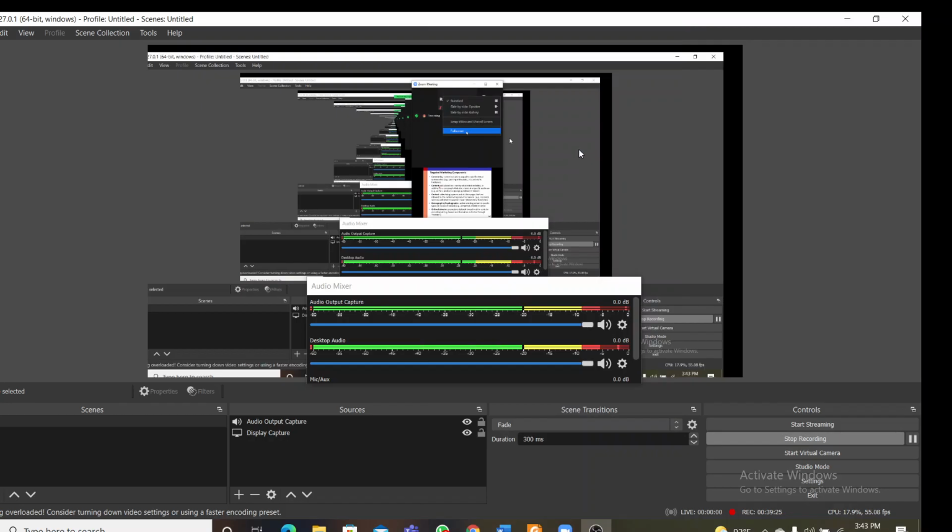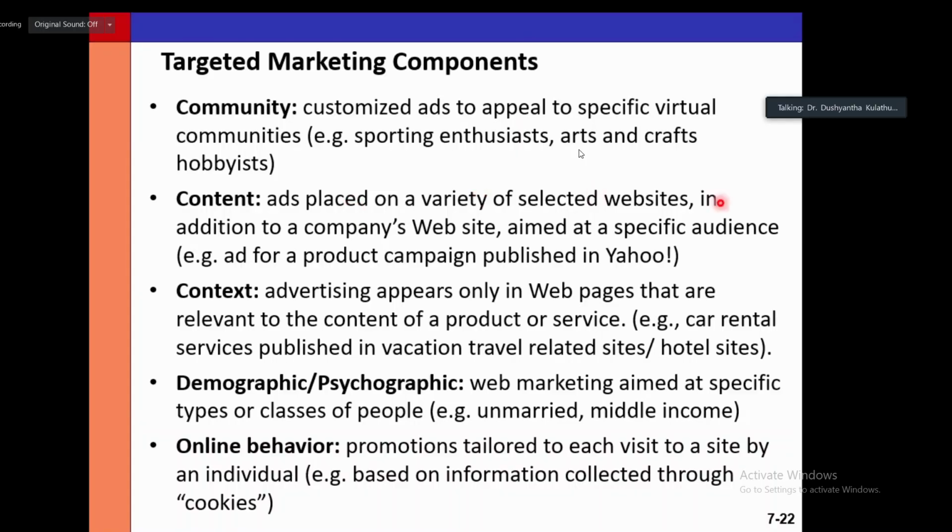Another one is content. Ads placed on a variety of selected websites in addition to a company's website, aimed at a specific audience. For example, an ad for a product campaign published in Yahoo. You place particular advertisements in a very popular place on the internet, and Yahoo is such a popular place. It's a portal. I think I used the term portal previously because it consists of many content and resources, and when you go there, you have access to a variety of different content.